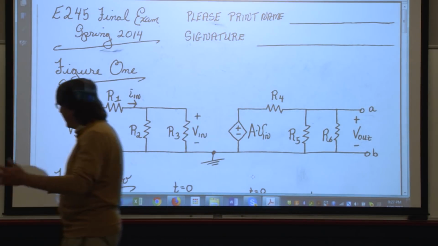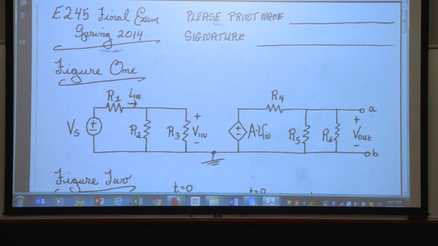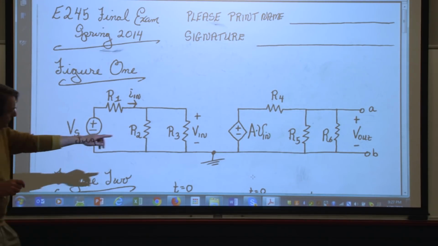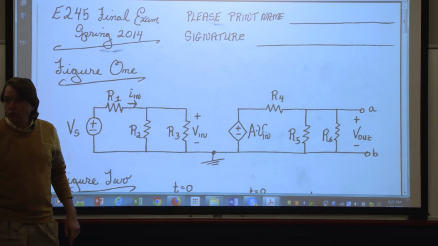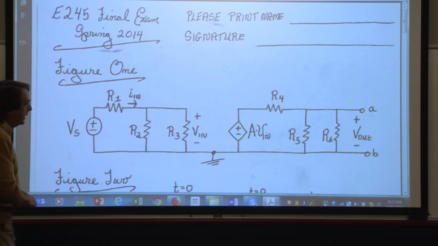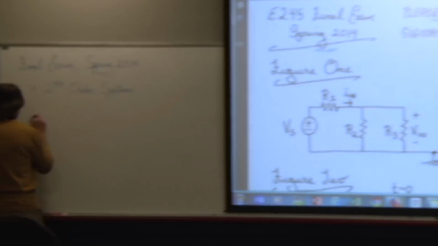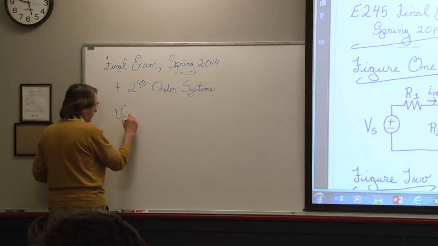You'll see it, but let me see if I can do it really quickly on the board here. R5 and R6, let's call that Req right. Now, how do I get V out? I think I can use voltage division.